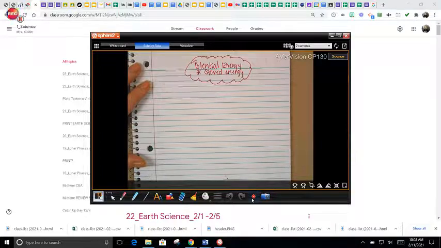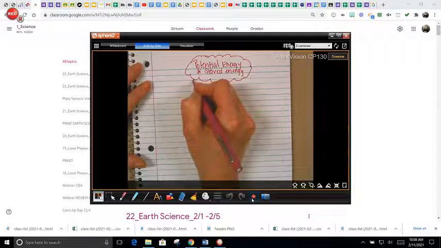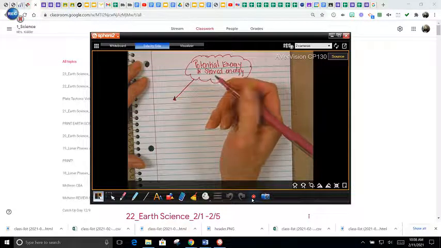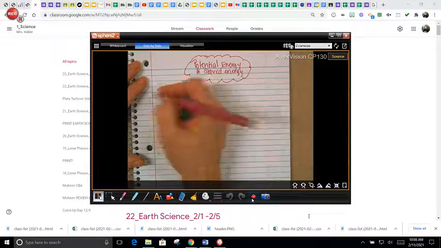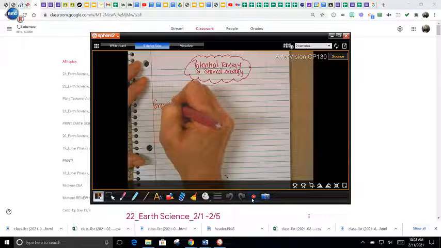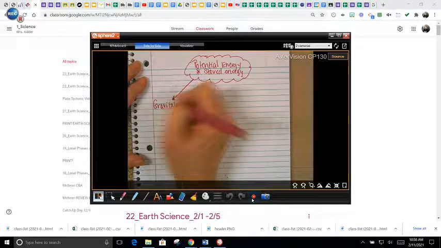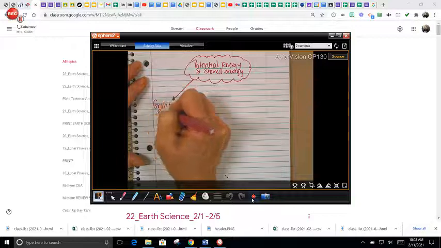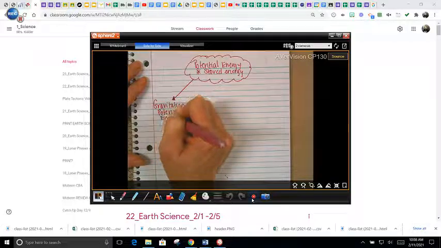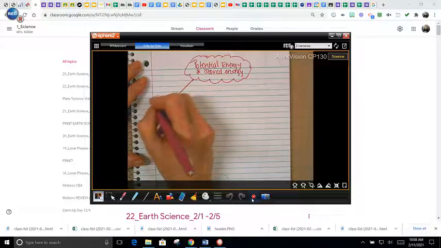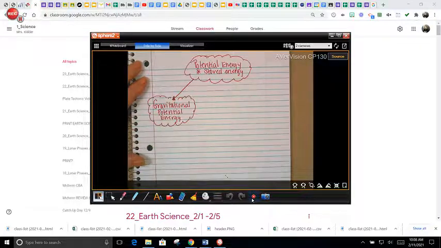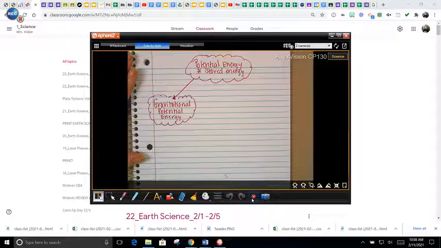forms of potential energy. The one we are going to mostly concern ourselves with, and that we are going to be referring to a lot, is what is known as gravitational potential energy. Gravitational potential energy is important because it has to do with the effect gravity will have on that stored energy.